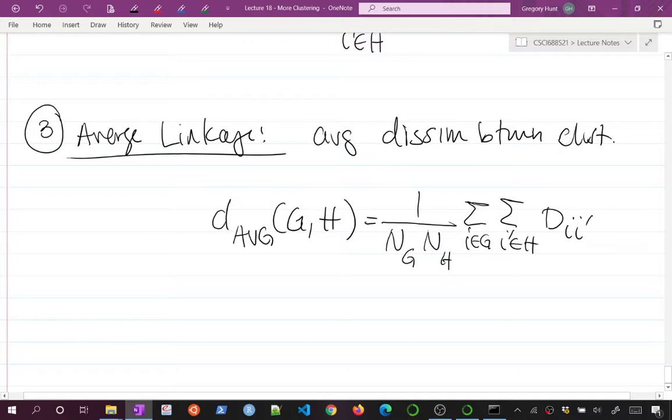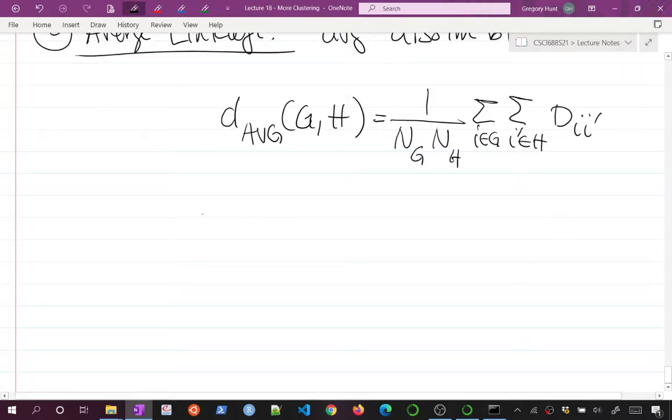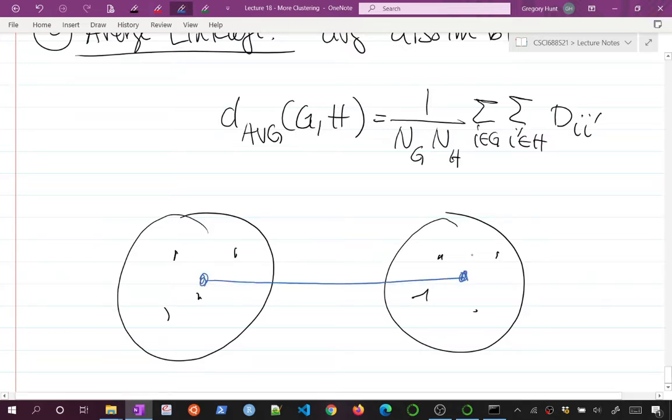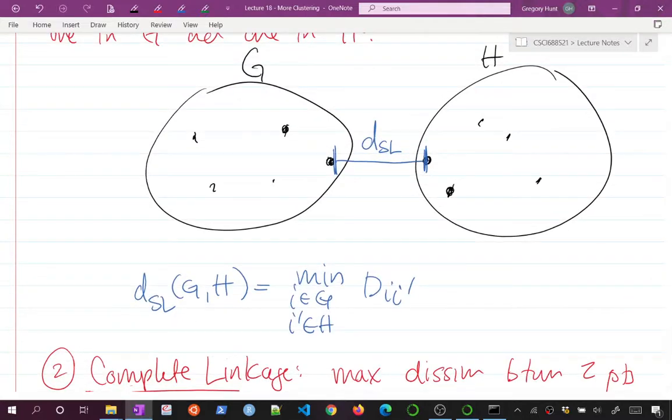If you actually have numeric data in some Euclidean space, then this is basically going to be the distance between their centers, is one way of thinking about that. And it gives you something somewhere in between. So single linkage says two clusters are close together if at any point they're close together.